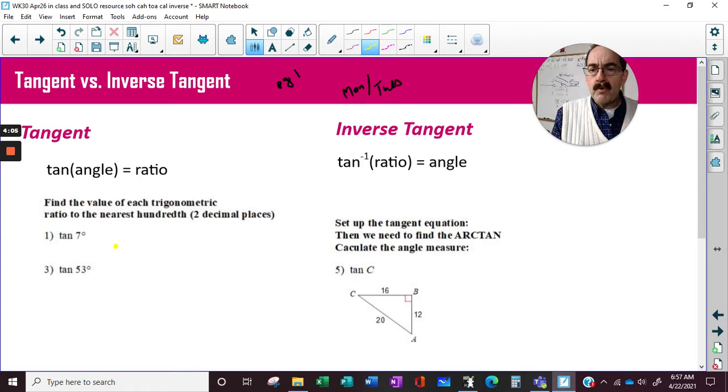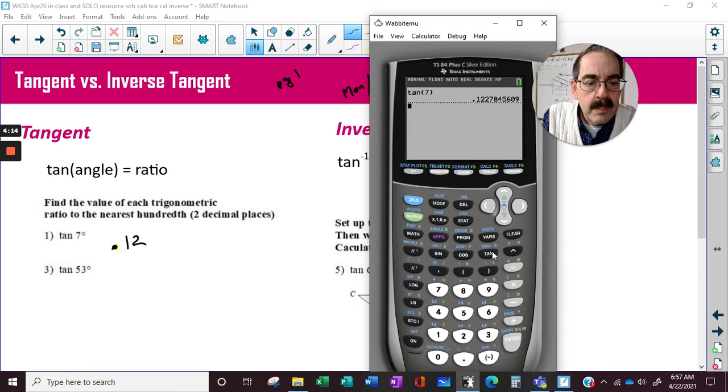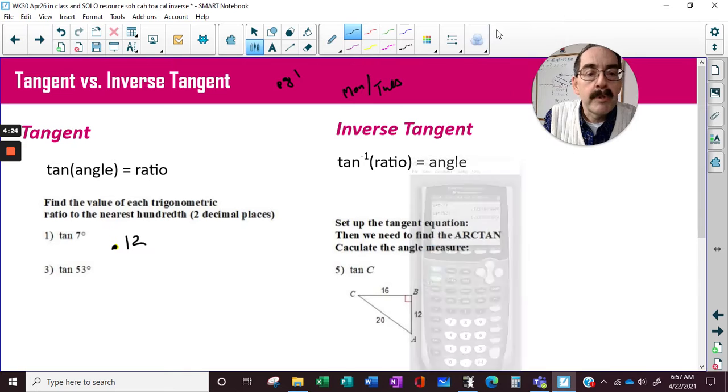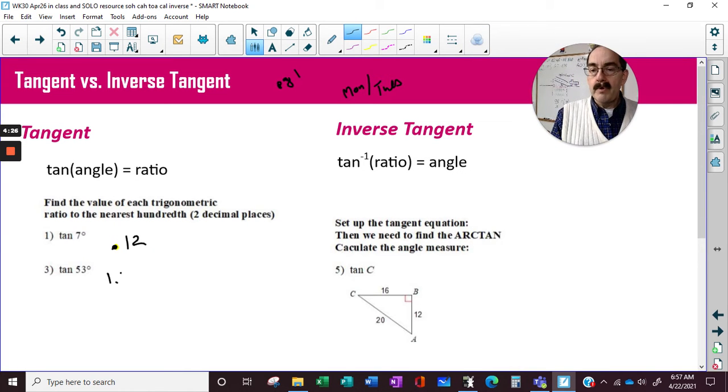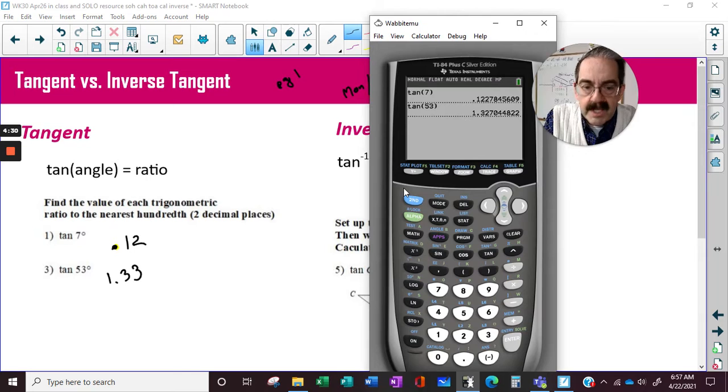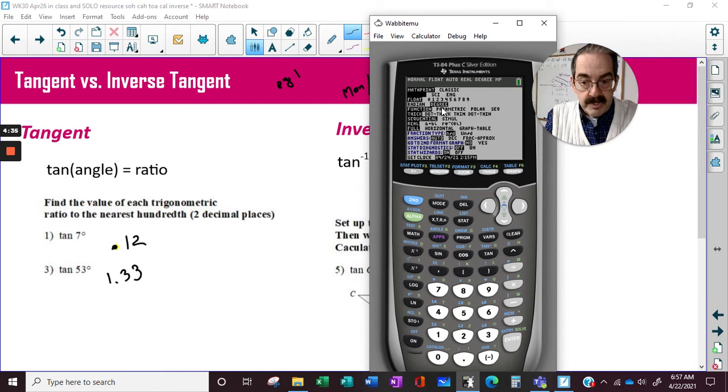Okay, 0.12. Tan 53, close, enter, 1.33 after rounding. Okay, now if you didn't get those answers, click on mode, make sure you're in degrees.